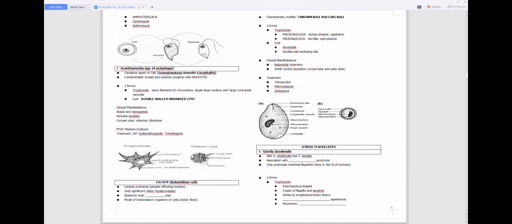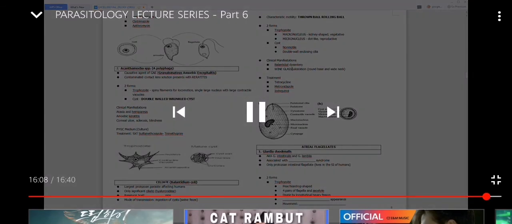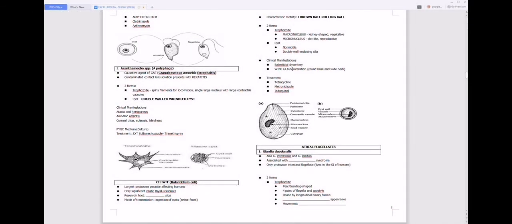So it can also reproduce through conjugation. So tingnan nyo yun nasa baba, diba? There is the macronucleus, which is a kidney-shaped vegetative nucleus, and the micronucleus, a dot-like or reproductive nucleus. Okay? So we're done with Balantidium coli.